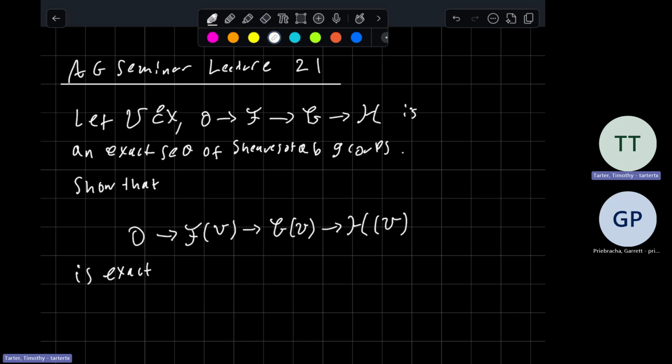Here it's important to note that we're really seeing the sections.